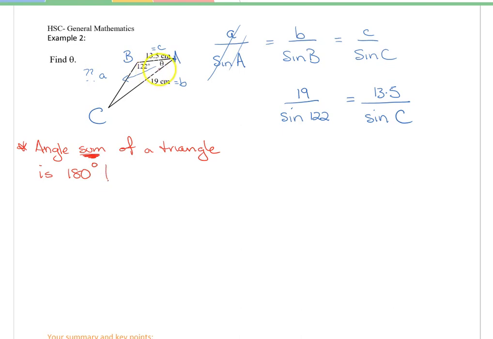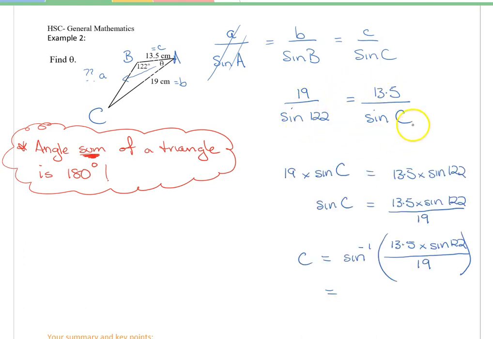So I'd know angle C, and I was given angle B, and I can then find theta using this rather than trigonometry. So we'll use our trigonometry to find angle C, and we'll use our basic understanding about triangles to actually find theta.